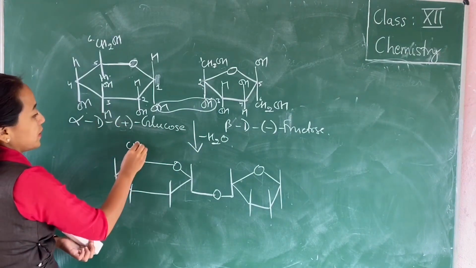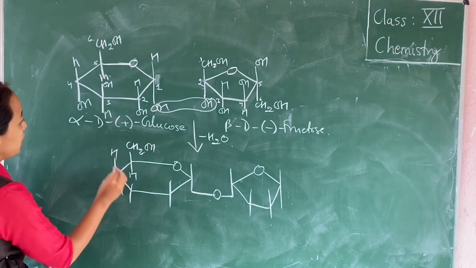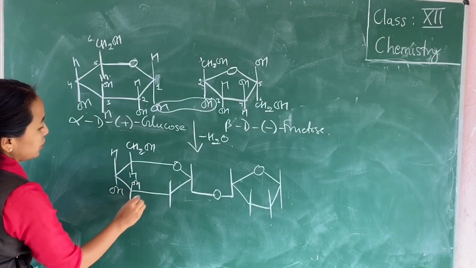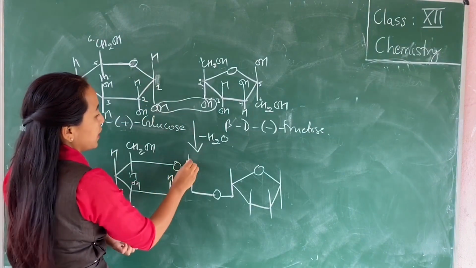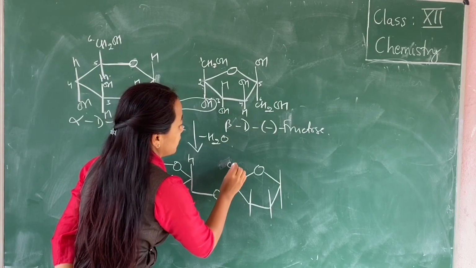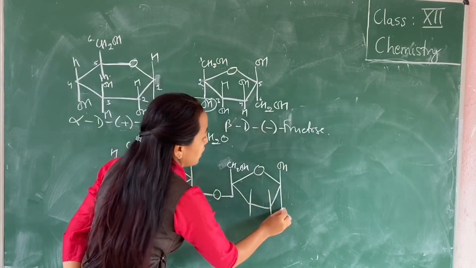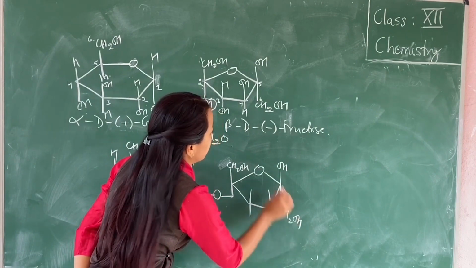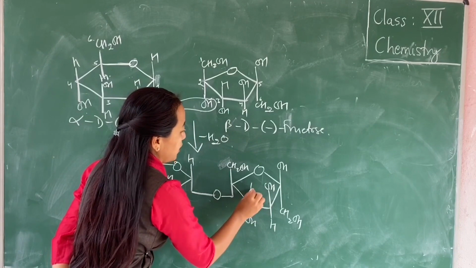Let me quickly write down CH2OH, H, H, OH, and then you have your OH, H, and then OH, H, and then you have this hydrogen. And here you have CH2OH, and then this OH, CH2OH, and then H, OH, and OH, H.